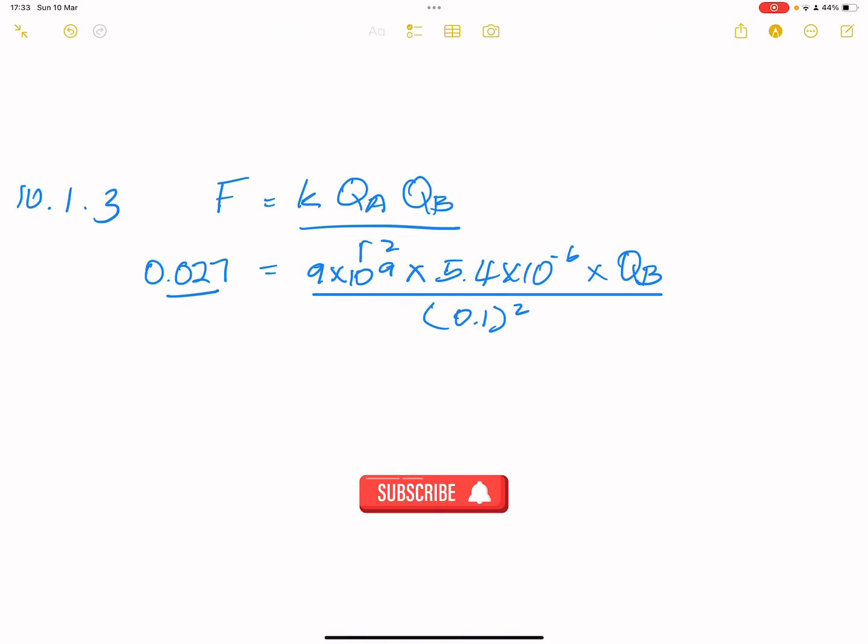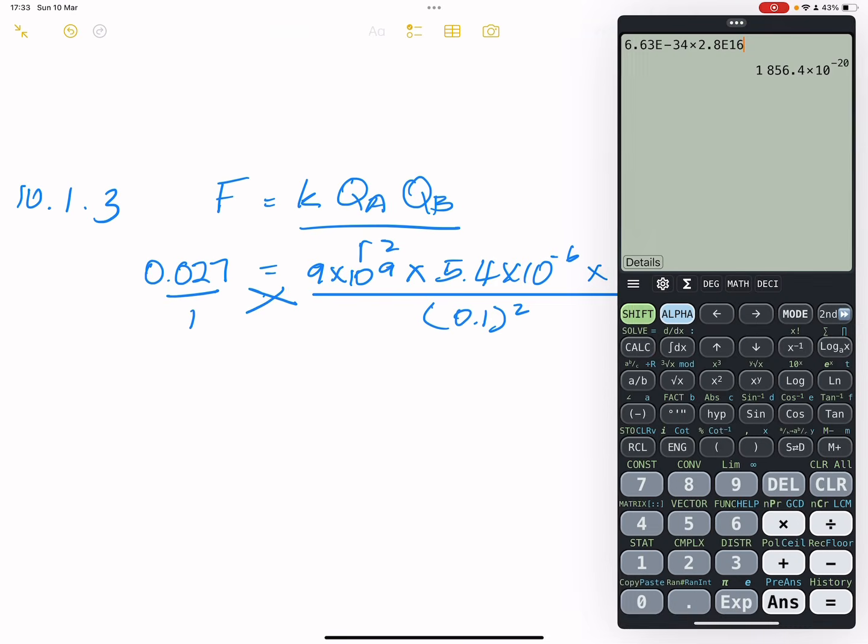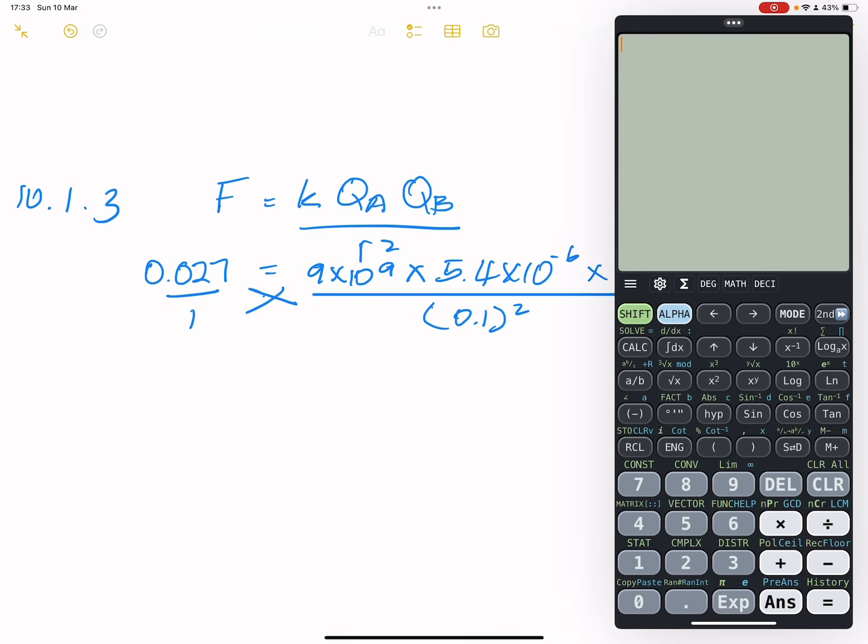So we're going to do some gymnastics there mathematically. We're going to cross multiply those two: 0.027 multiplied by 0.1 squared.